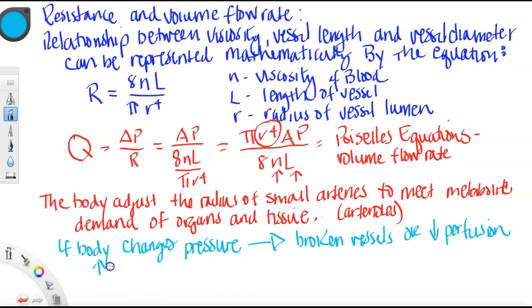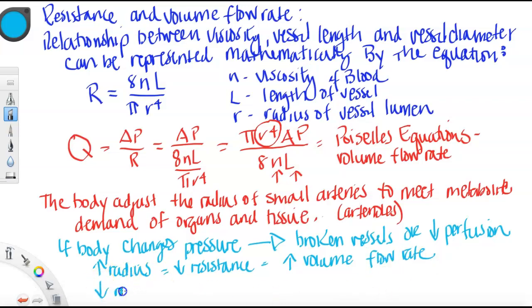So an increased radius, again, decreases resistance, and that increases volume flow rate.